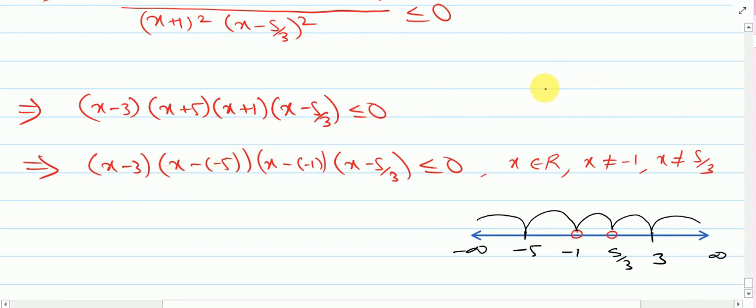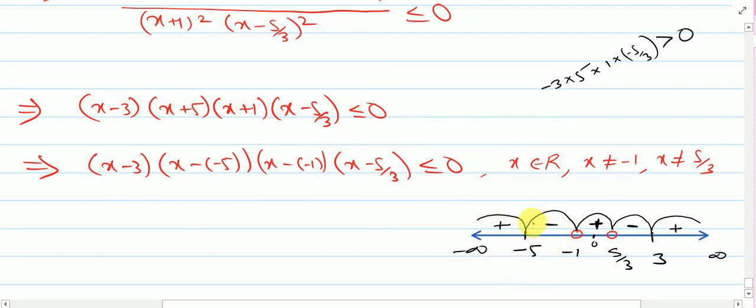So we'll get minus 3, then plus 5, then plus 1, then minus 5 by 3. So here it will become greater than 0. So 0 is in this interval, and for this interval you are getting positive. The remaining intervals are to be filled alternately: this will be minus, this will be plus, this will be minus, this will be plus.